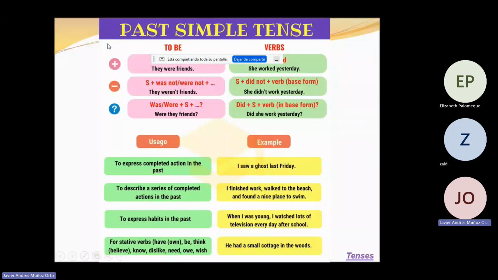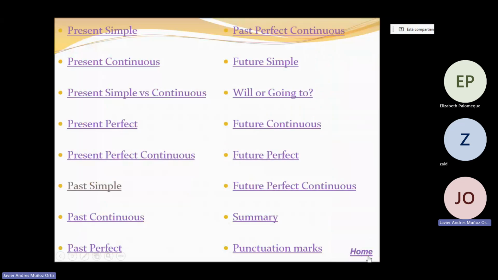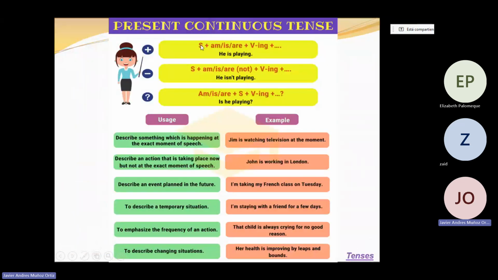And we said that the conjugation of past continuous tense is going to be very similar to present progressive tense, because we need a person, we need a verb to be, yo estoy, ella está, nosotros estamos, for example. So this is the conjugation of verb to be.